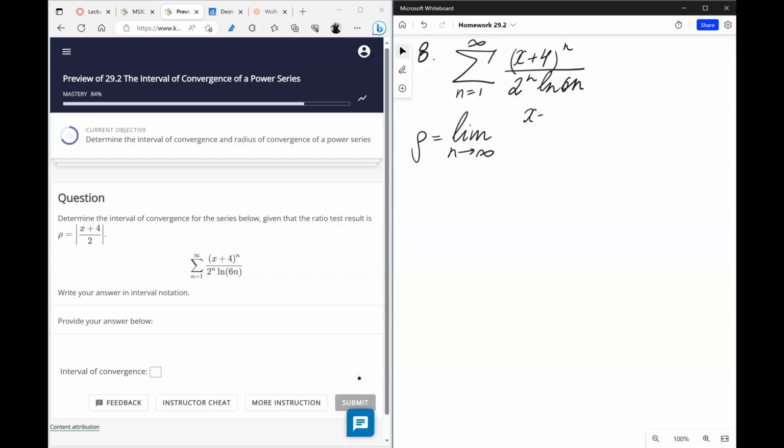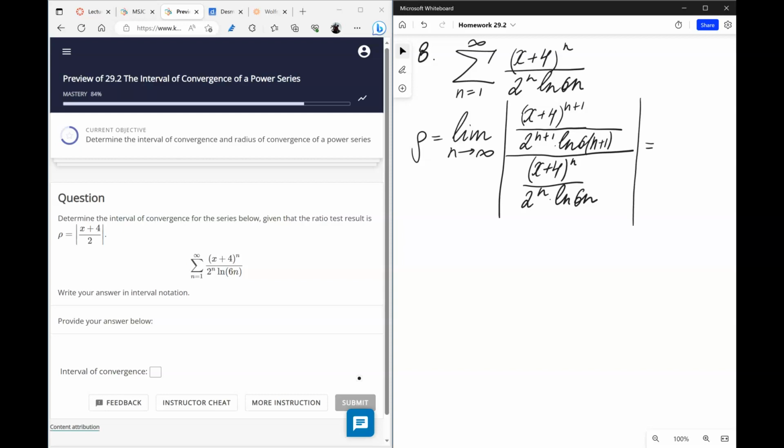So we take the n plus 1th term, which is obtained by plugging in n plus 1 instead of n, and we divide it by the nth term, and we simplify.